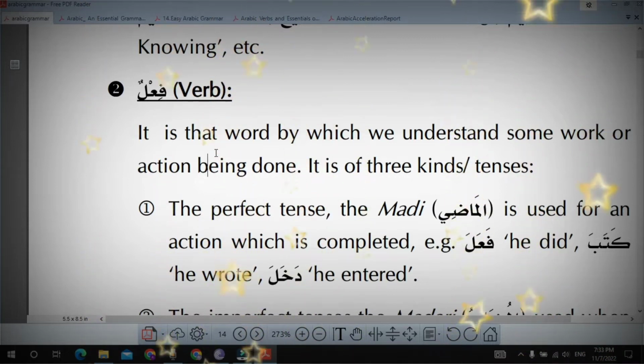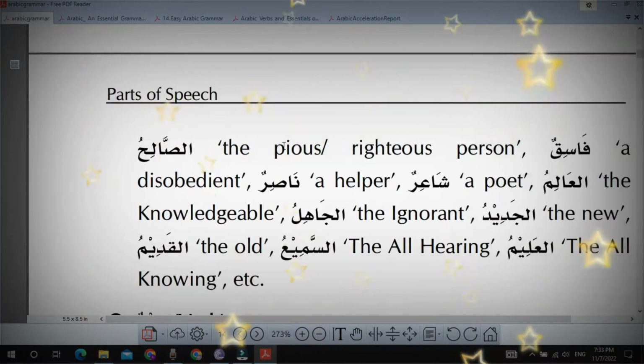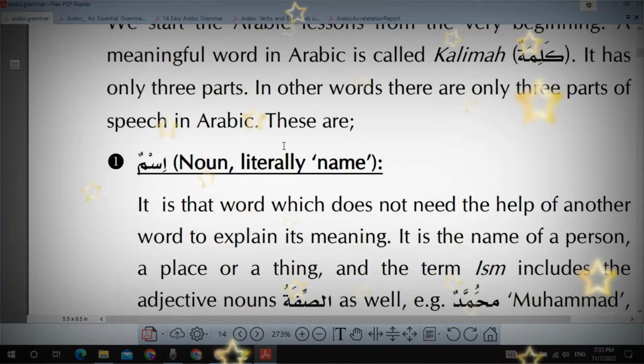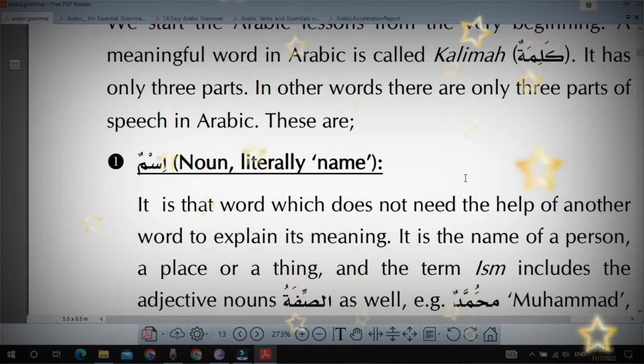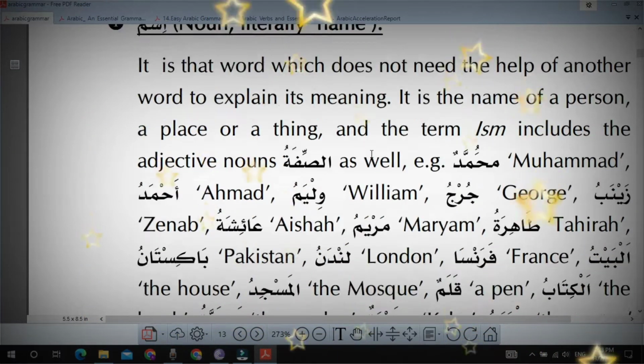As you know, in our previous class we have discussed the first part of the Arabic term Kalimah. I told you that the Arabic term Kalimah could be divided into three parts. And the first part is ism, which is noun in English.